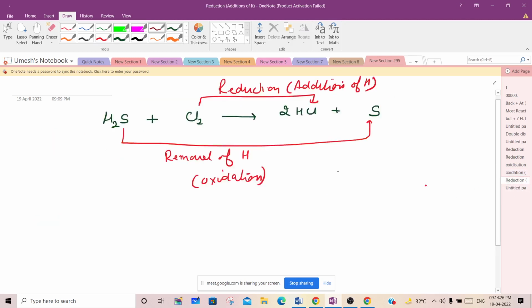In this case, tell me which is the reducing agent. Vedant will tell me. So reducing agent is H2. Which is H2? I don't have H2 anywhere. Sorry, H2S. What is oxidizing agent here?